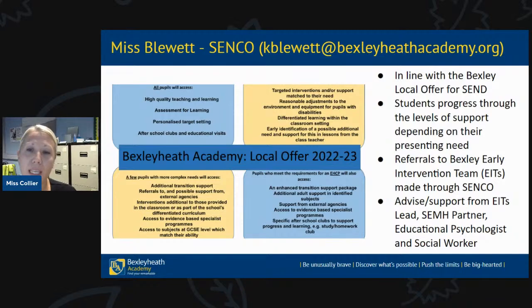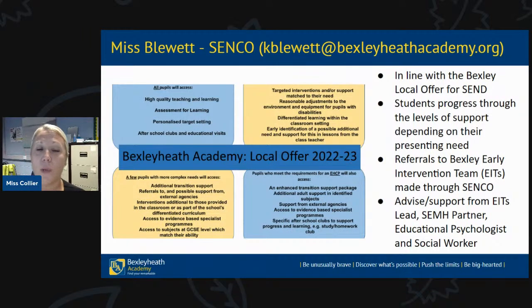And then we go into the 3 different tiers. So I'm not going to read each of them, but as you can see on the screen, we offer targeted intervention and support matched to each individual student's need. We can make reasonable adjustments to the environment and make equipment for students with any disabilities as well. Teachers are trained every year to differentiate the learning in each of the classrooms.